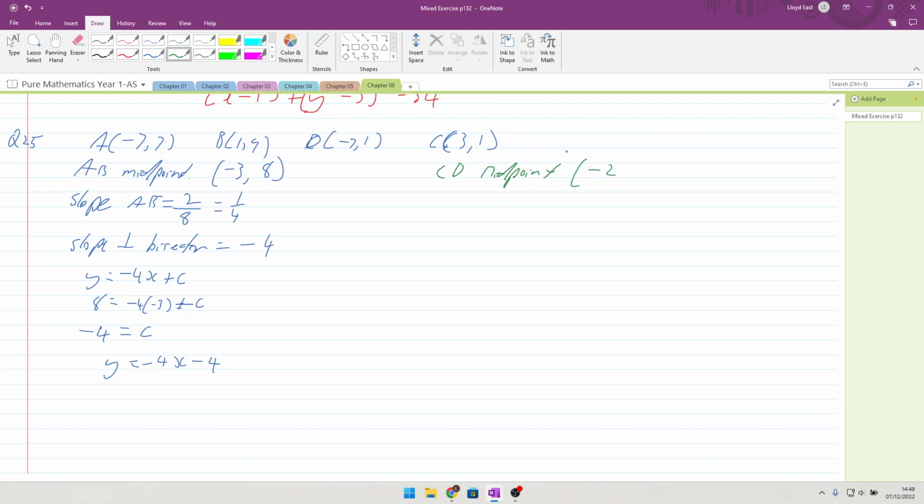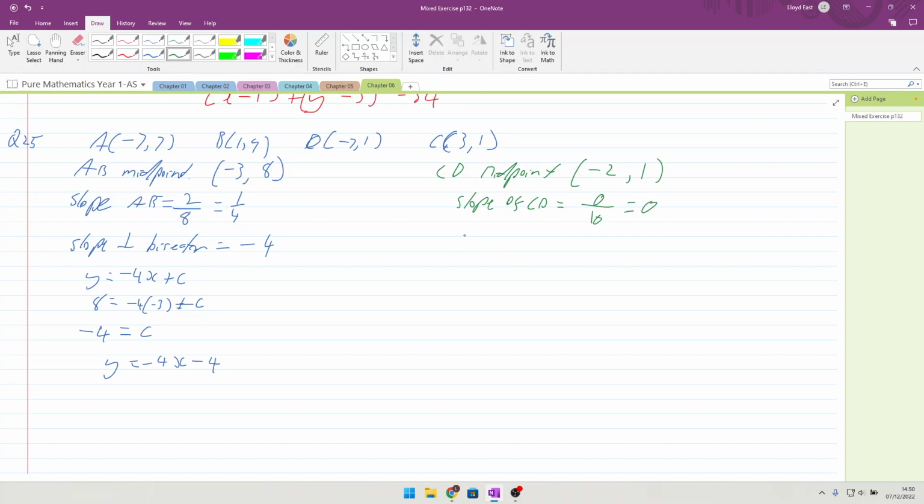For the y, 1 to 1, they're all on the same y, so it's still 1. The slope of CD is the difference of the y's, which is 0, over the difference of the x's, which is 10, which gives you 0, because it's on the same horizontal line.